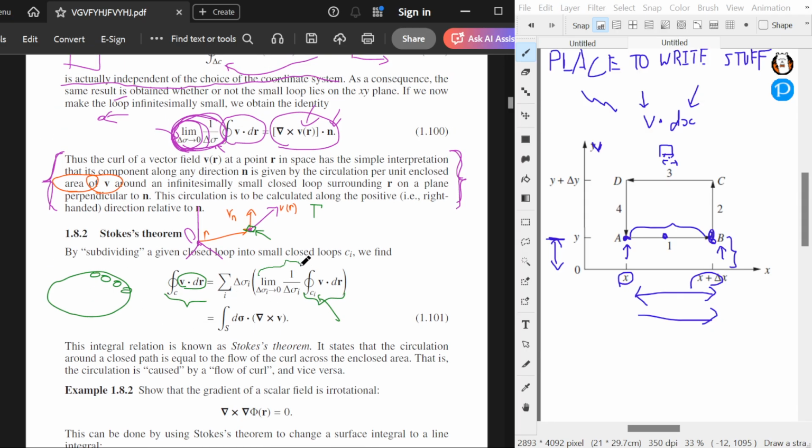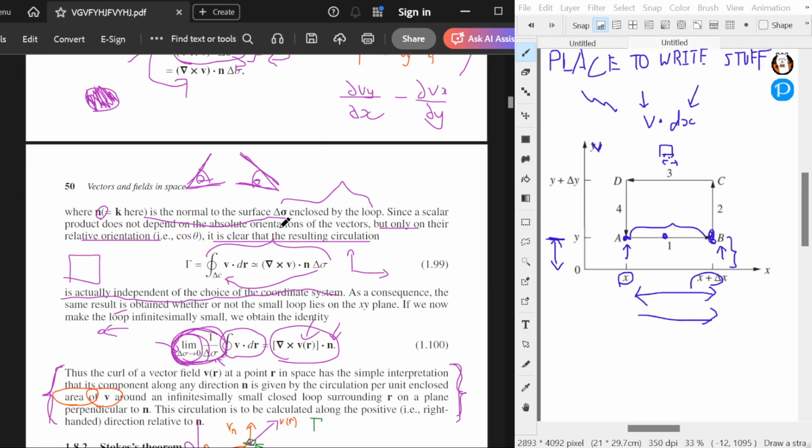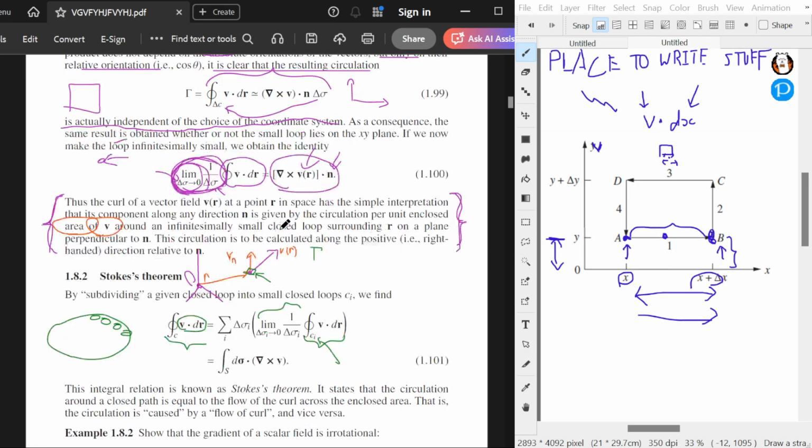We pulled out this guy. This is circulation. And this is circulation divided by delta sigma, is it sigma?